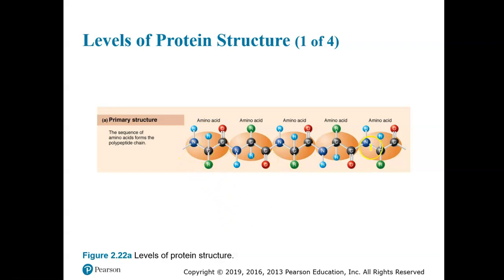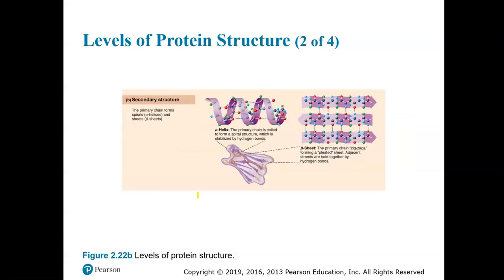So the sequence of amino acids that make up the chain, what we call a polypeptide. So the primary structure is just simply a chain of amino acids. It is the sequence of amino acids. Then you take that chain and you shape it into either a spiral or helical structure, which we call an alpha helix, or it can be pleated or folded, like if you were to make a paper fan, and that's called a beta sheet.